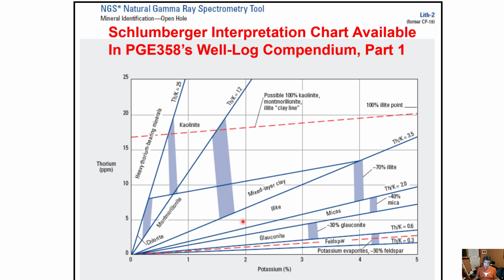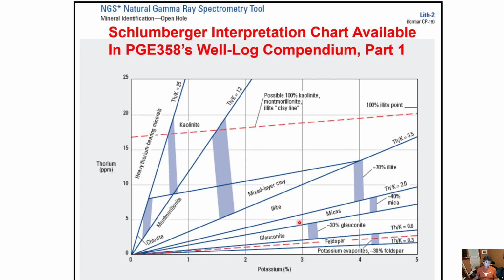But the direction that it takes is very important, because depending on the ratio of thorium to potassium, we know the most likely clay mineral that could be responsible for that ratio. In this example, where I have the point here, it is illite, for instance. If it goes this way, it could be kaolinite. If it goes this way, it could be chlorite. If it goes this other way, it's glauconite, another very interesting clay mineral. Or here you can have micas.